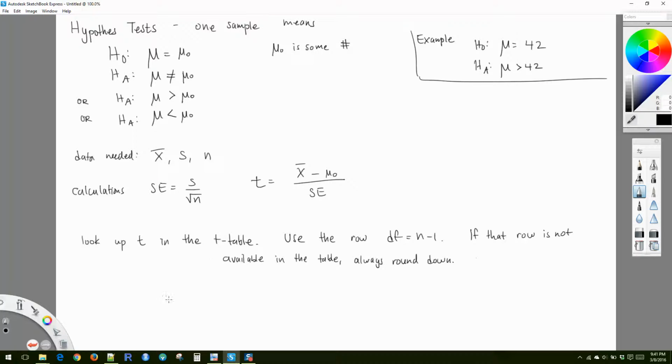Okay, and then generally your t will be between two values, or maybe on one side, and that means your corresponding tail area is between the column headings.